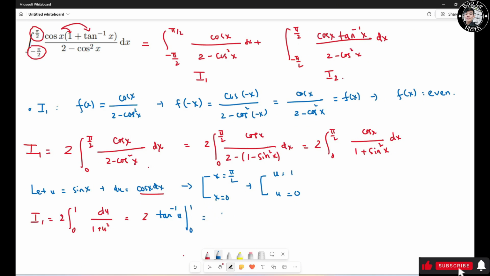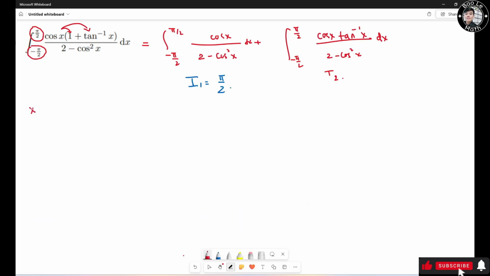So it's 2 times (inverse tangent of 1 minus inverse tangent of 0). Inverse tangent of 1 is pi over 4, and inverse tangent of 0 is 0. So this becomes pi over 2.